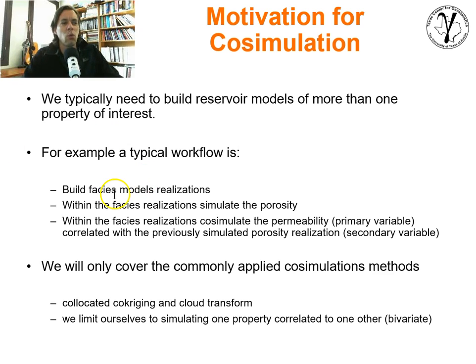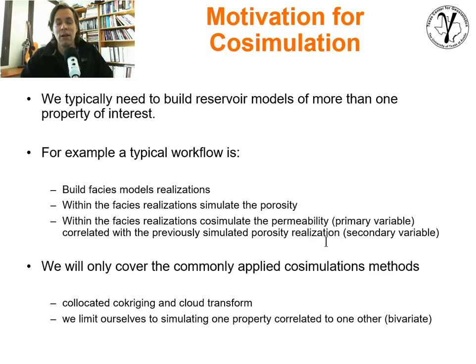So the typical workflow that we talked about before for oil and gas, which is quite common, would be to build a facies model, have your realizations of facies. Within the facies realizations, simulate the porosity. And then within the realizations, cosimulate the permeability as a primary variable, correlated to the previously simulated porosity realization.